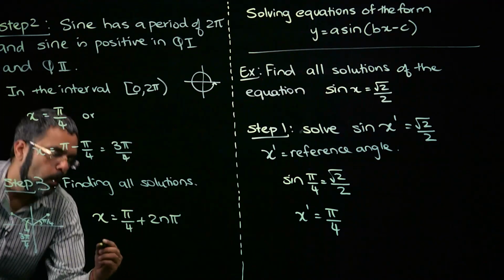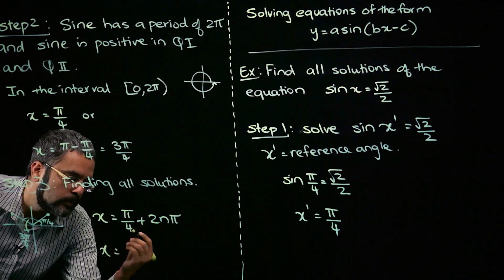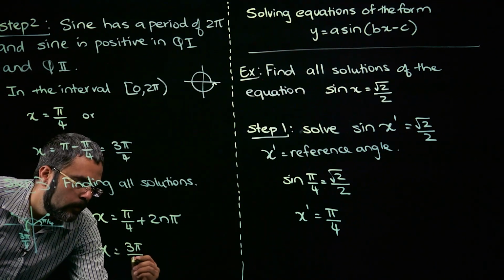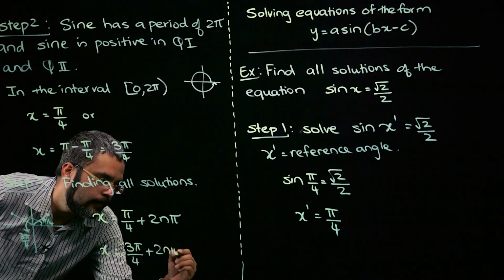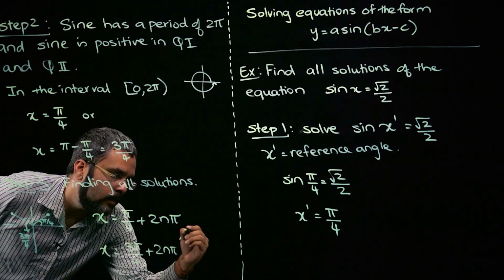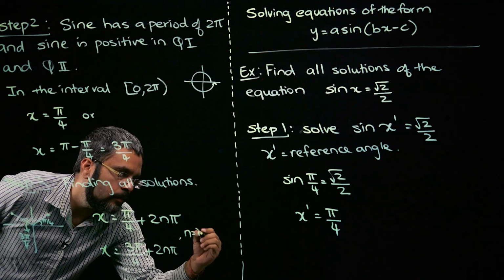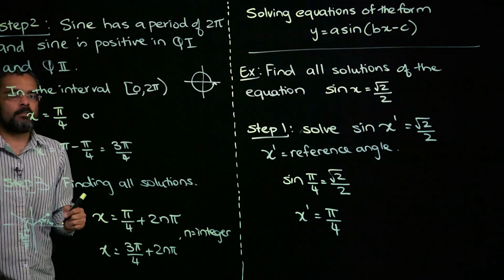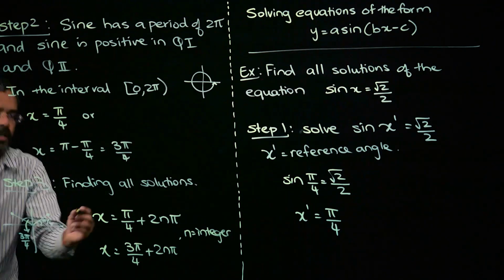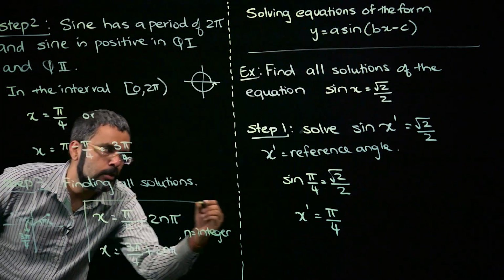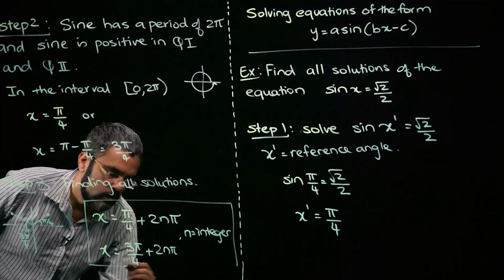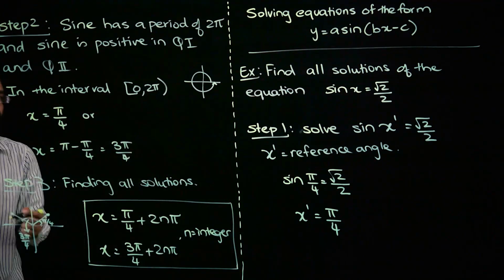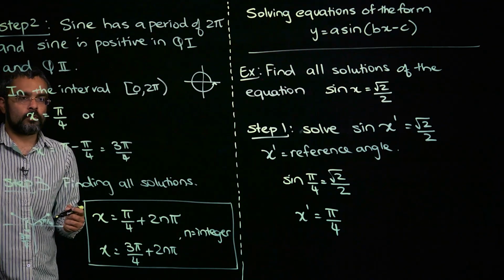Or I have x equals 3 pi over 4 plus 2n pi, where n is an integer. n could be a positive integer, a negative integer, or 0. So these are all my solutions to the equation sine of x equals root 2 over 2.